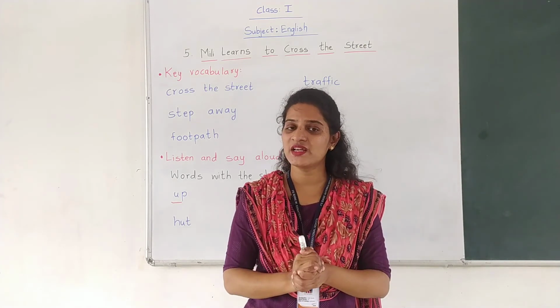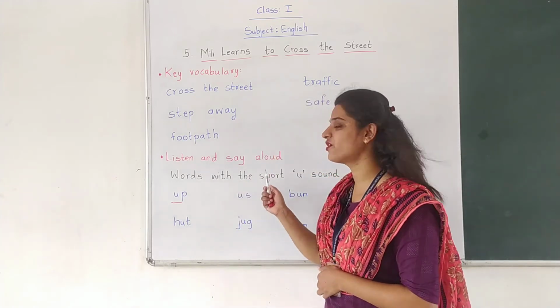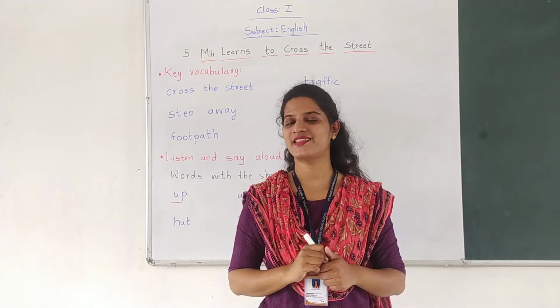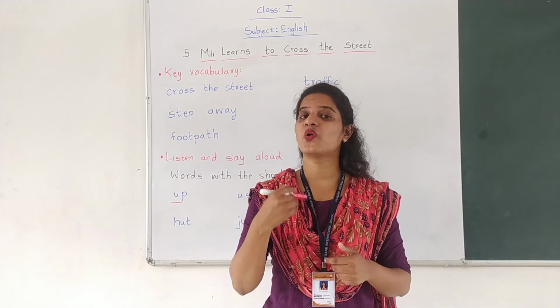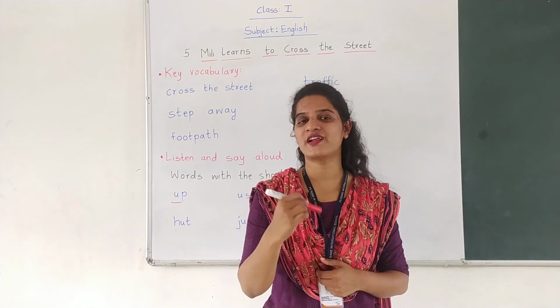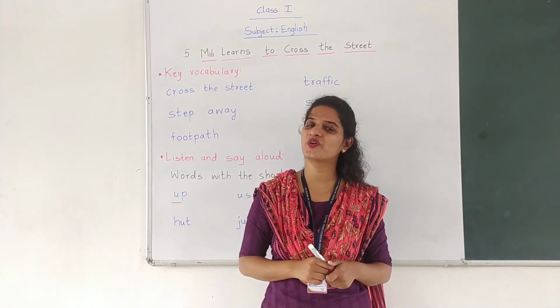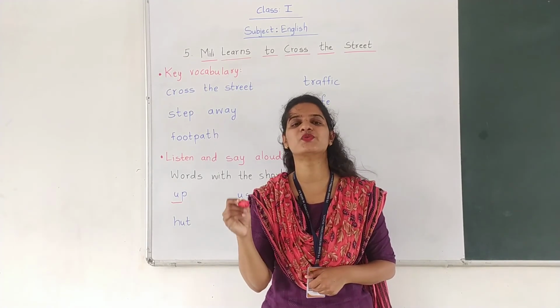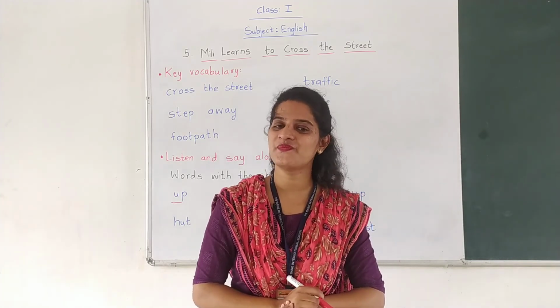And in that, the words which you see have short U sound. You have to underline those words. Okay, my dear children. And you also have to read those words and write them down in your notebook. Which words? The words with short U sound, which are mentioned in the story.